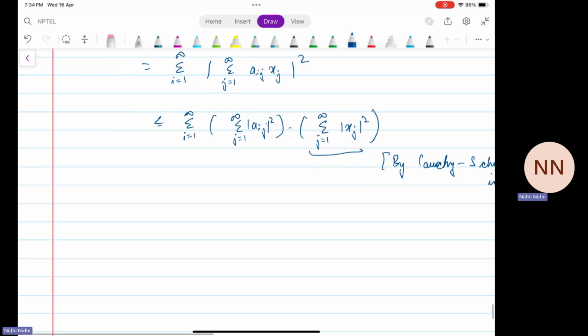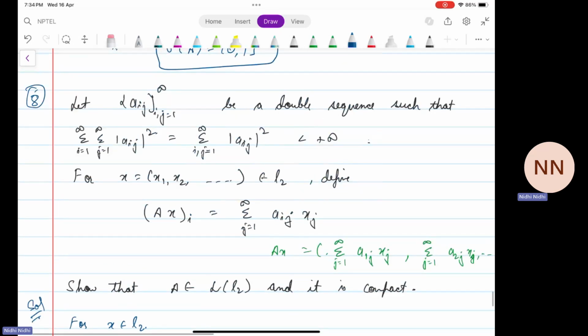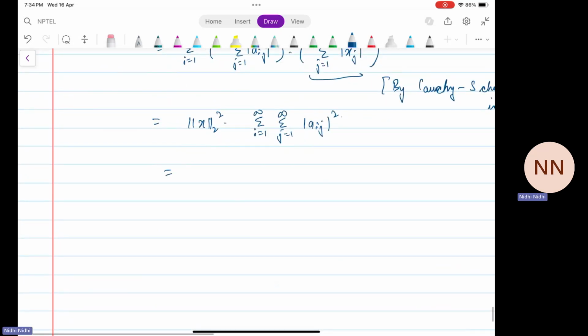And since this term is just the norm, this can be taken outside: norm x L2 square. Now this is a constant because this is a finite sum as we were given in the problem. So this is some constant times, let me take it to be c square. Therefore, the L2 norm of Ax is less than or equal to C times the L2 norm of x for every x in L2. Hence, this A is a bounded linear operator on L2.